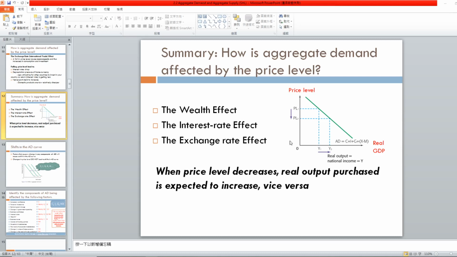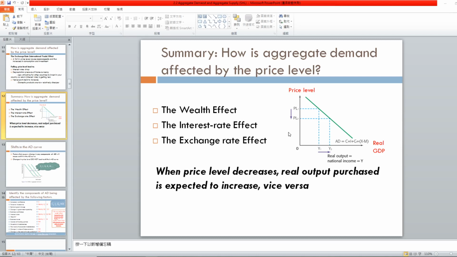And the third one is about exchange rate, or what you can call the international trade effect. Let's say the price level is getting lower and the interest rate is going to get lower. To the foreign investors, their return from the investments will be lower as well, so it's becoming less attractive.